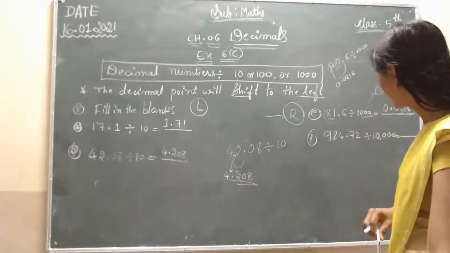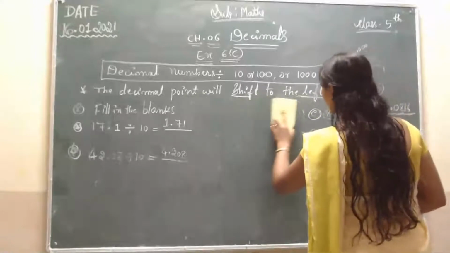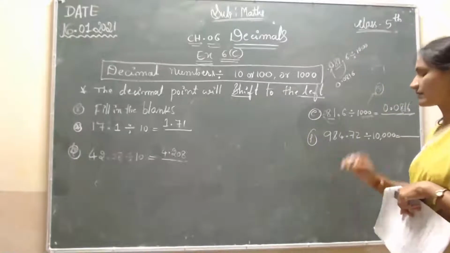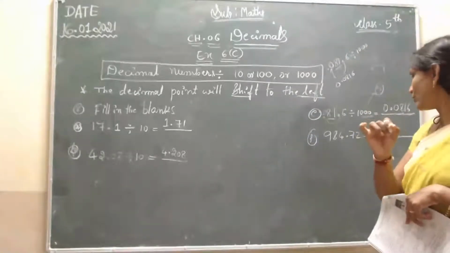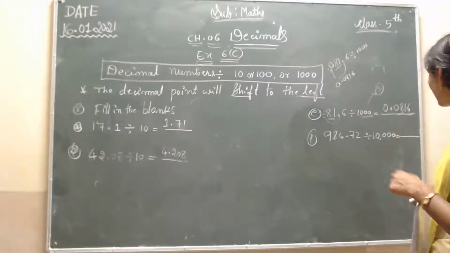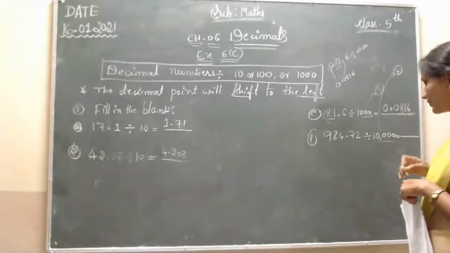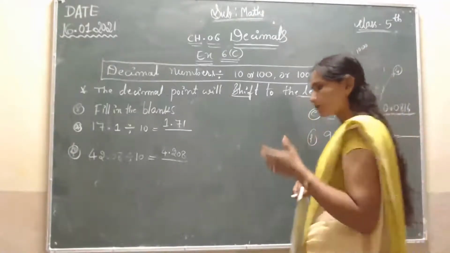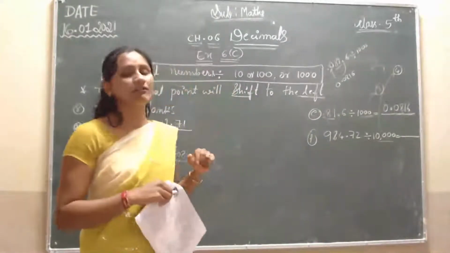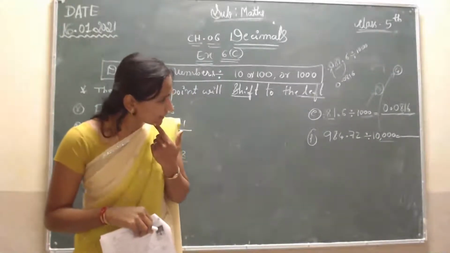Okay, next question. Can you see here? Next you have to observe, students: 984.72 divided by 10,000. 10,000 means how many zeros? 10,000 has four zeros. Four zeros means you have to shift the point to the left side.